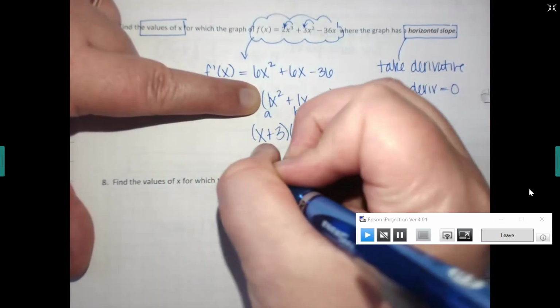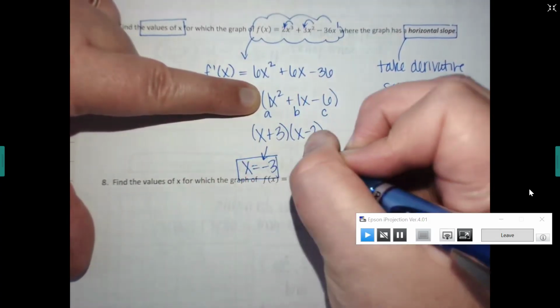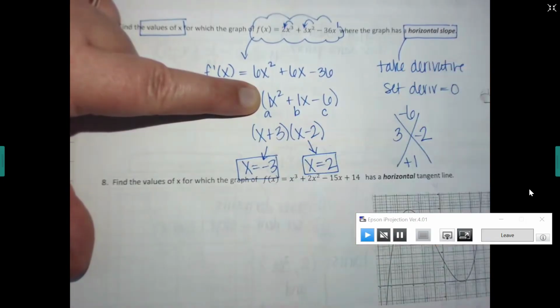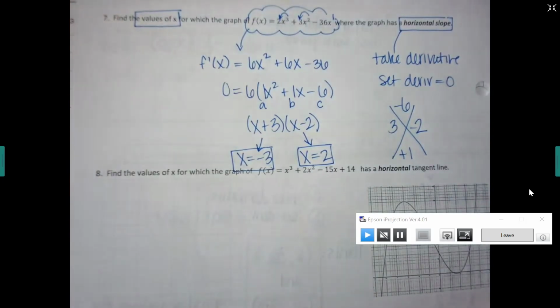So it'd be x equals -3 and x equals +2. Okay. So if it asks you for a horizontal slope, that's how you're going to do it. Good so far? 1 question left. Turn the page.